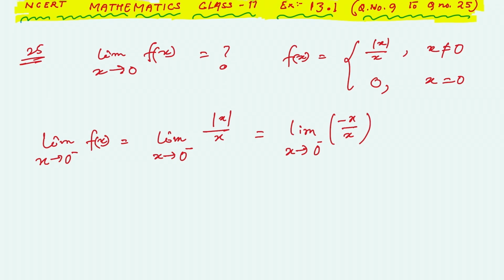So x tends to 0 negative, so here it will be minus 1. If you cancel these two, this will be minus 1.